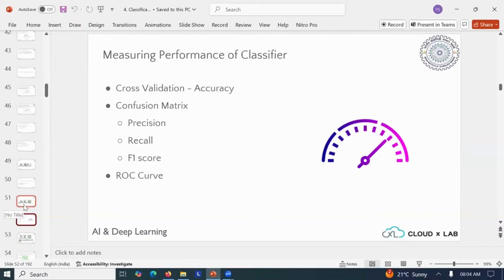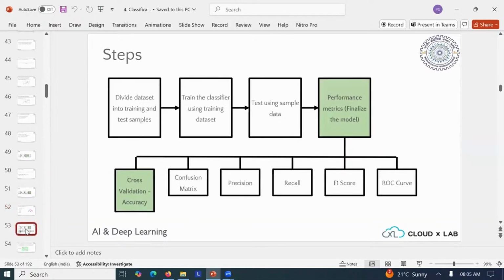If we have skewed class distributions, then we should use some other performance measures such as precision, recall, and F1 score, that we will see in today's session, right?